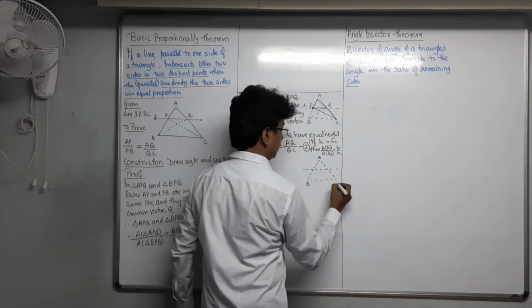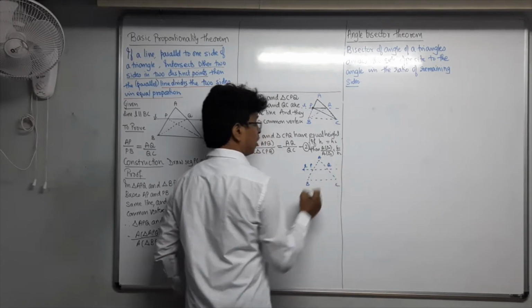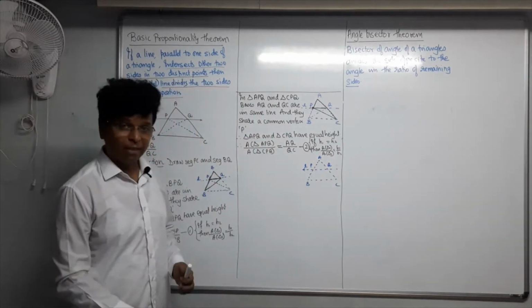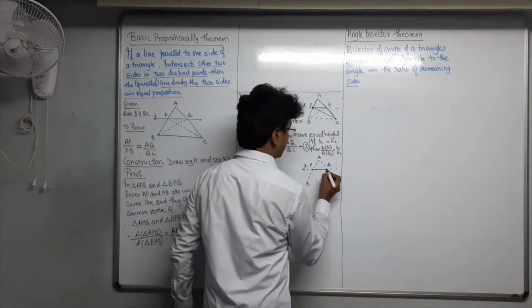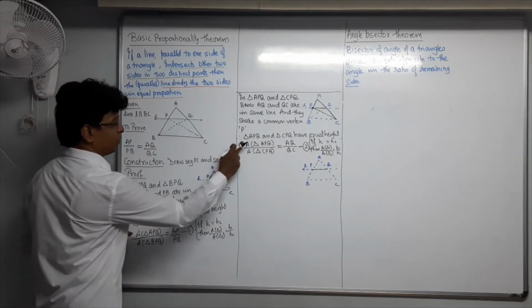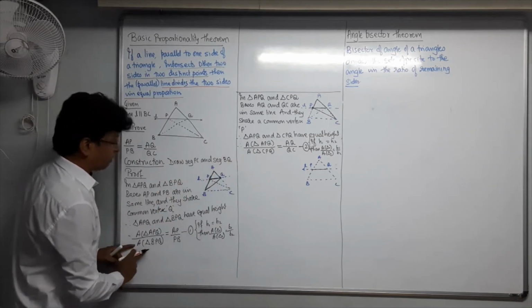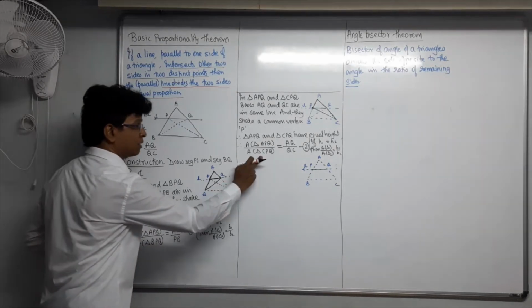A, B, C, this is your line L, this is your P and this is your Q. Now next what you are going to apply, see all your exercise 1.1 is going to come. You are going to consider these two. See now, if you consider in the numerator APQ, in the denominator BPQ and CPQ.